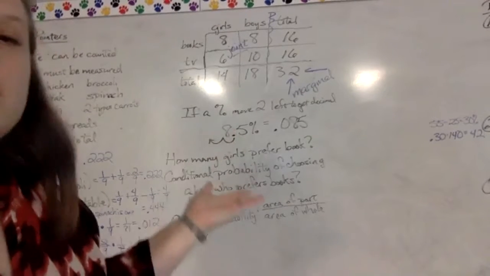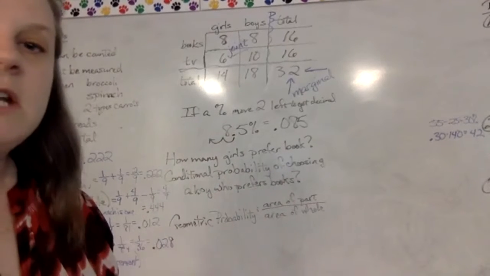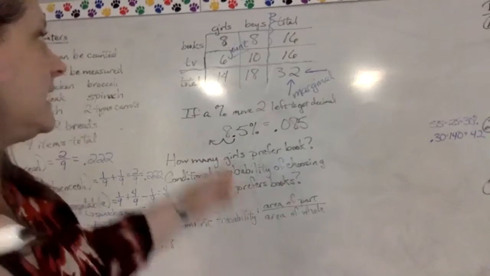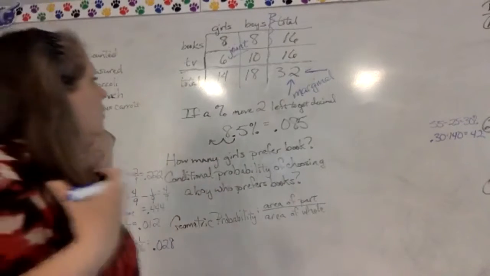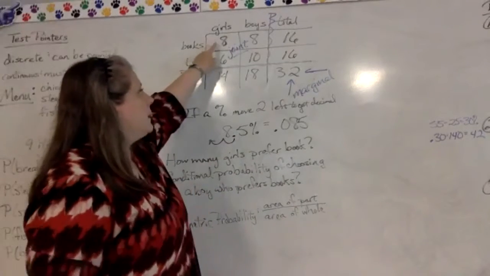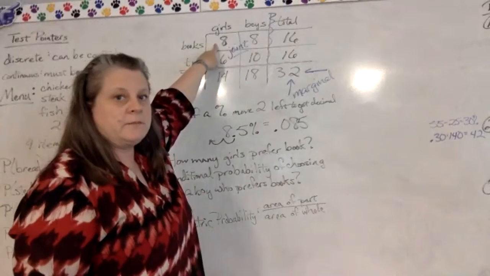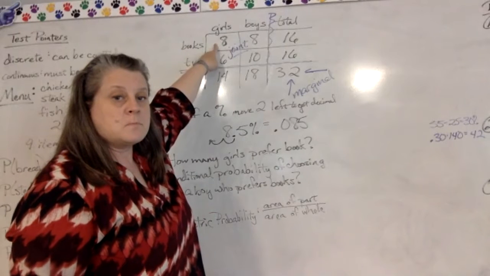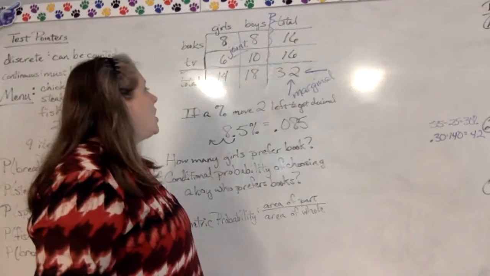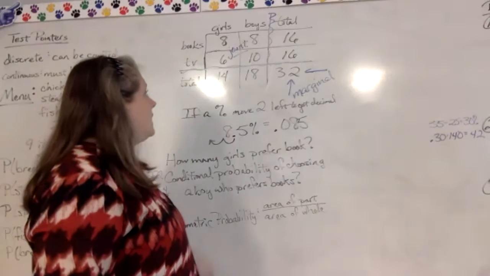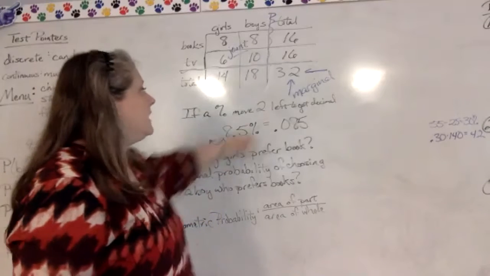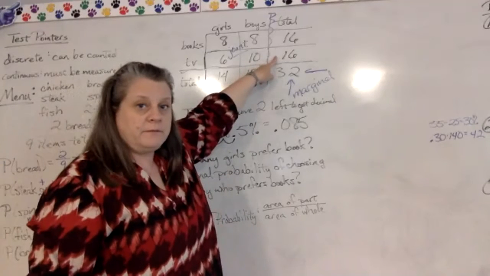So you have 3 questions. That's all it's asking you to do. It's asking, are girls who prefer books a joint frequency or a marginal frequency? Joint. Are the total number that like TV a marginal or a joint?